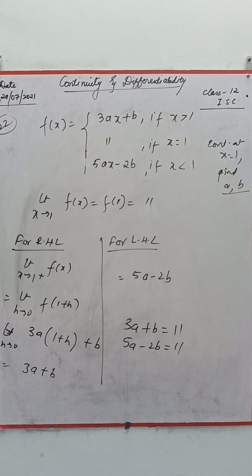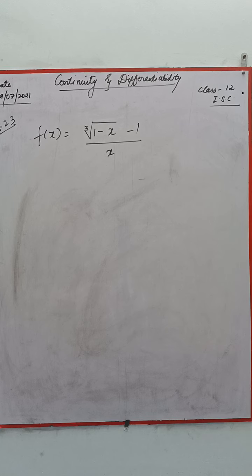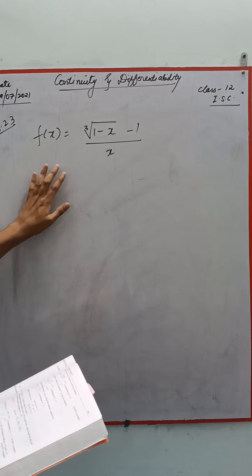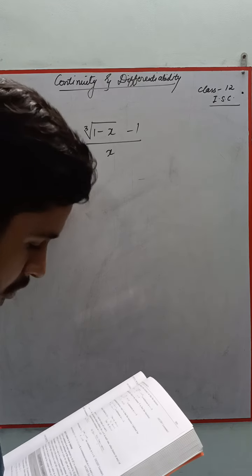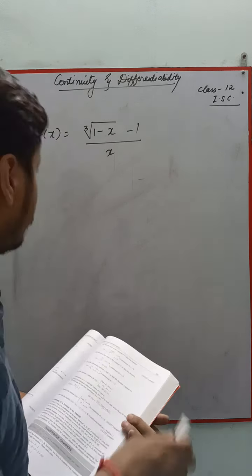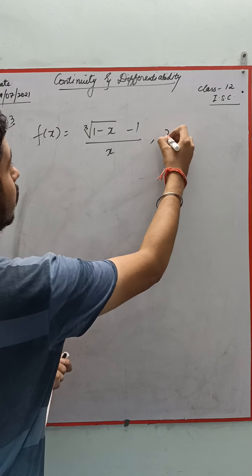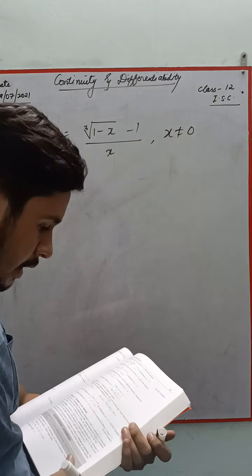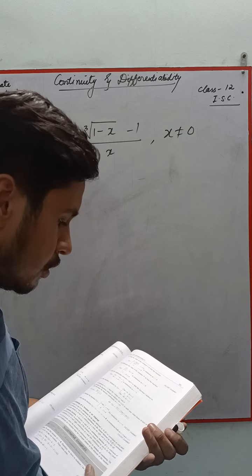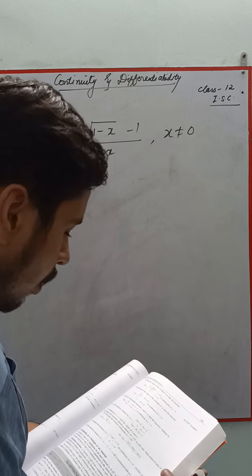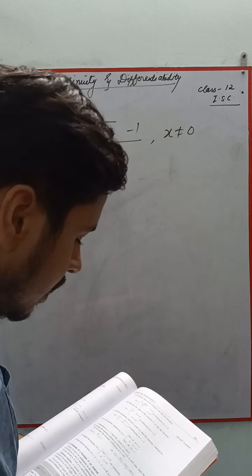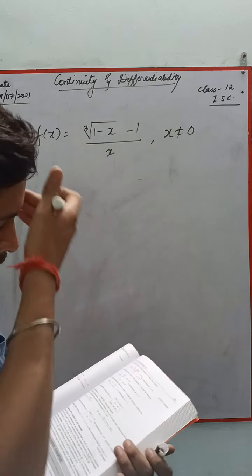Okay. Let's do one more question and then we'll wrap up. Okay. 23rd question now. Consider the following function defined as follows. For x not equal to 0. This is for x not equal to 0. In each of the cases, what choice of f(0) will make the function continuous at x is equal to 0? You are given with two questions.